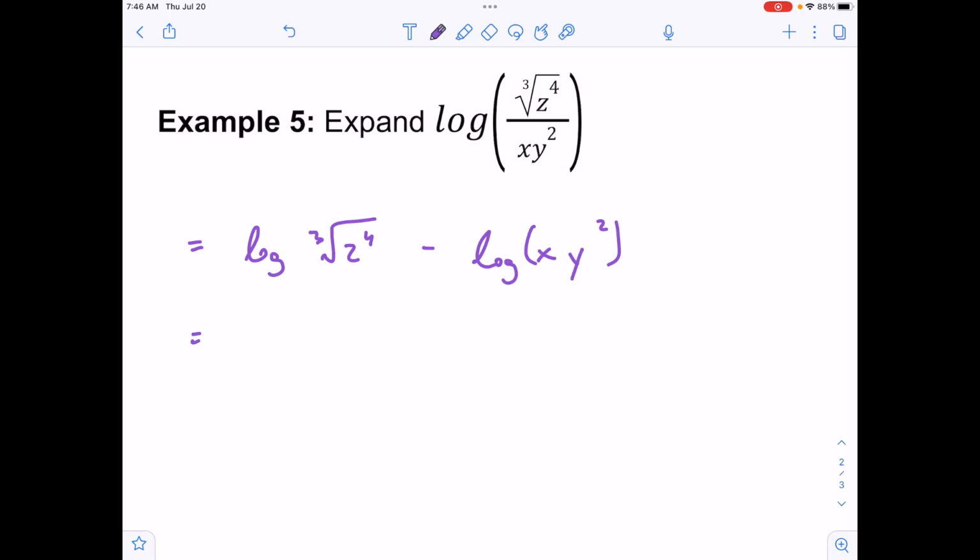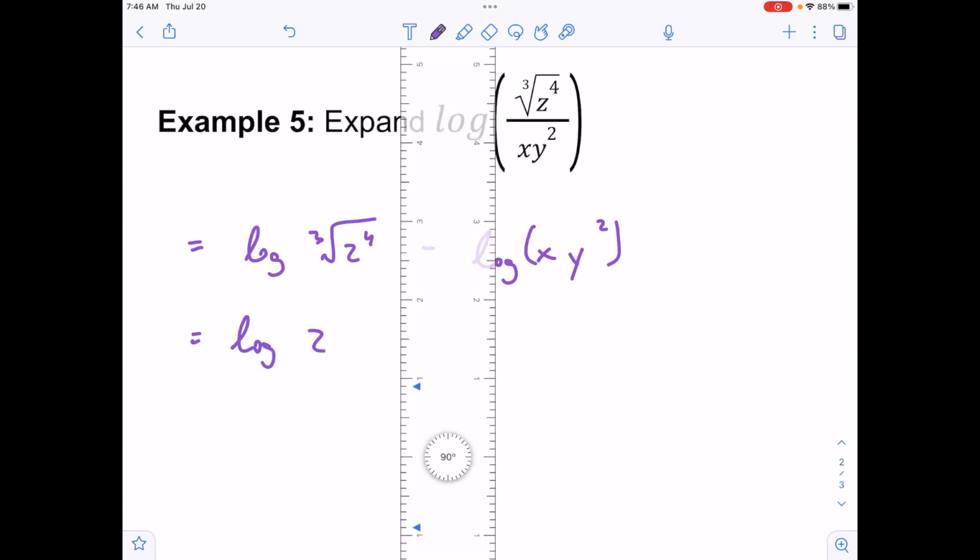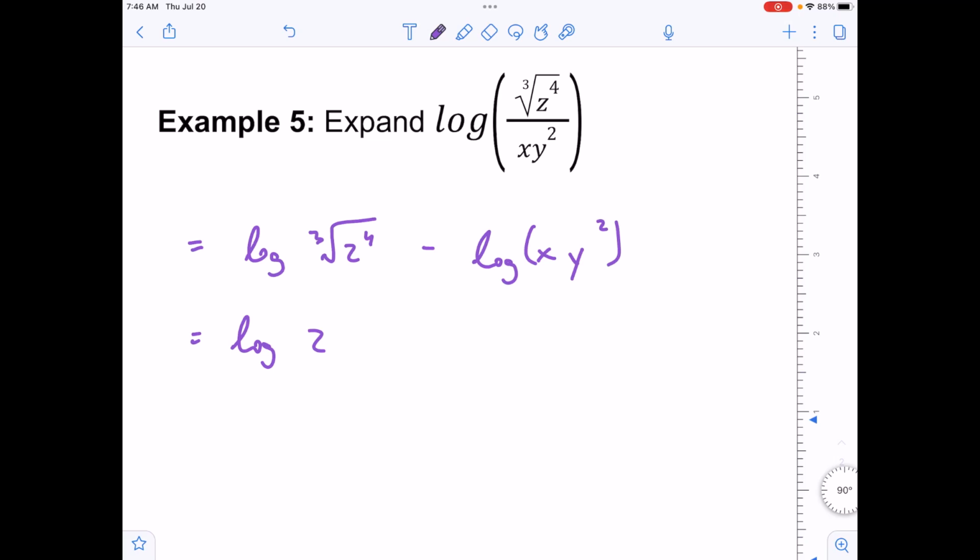In my first term here, the cubed root z to the power 4, I'm going to rewrite that exponent as 4 over 3. Right? The 3 is the type of root that it is that goes in the denominator. 4 is the current exponent, it goes on top.